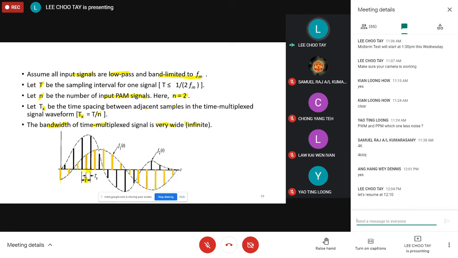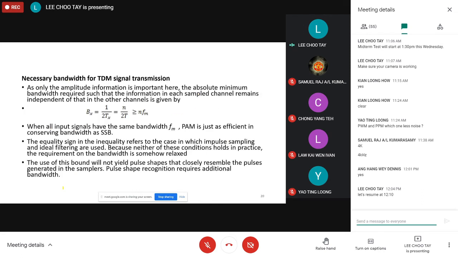Because of the rectangular pulses. Now, how much bandwidth do we need then? Theoretically, of course, it's infinite, but in practice, nobody can have infinite bandwidth. So what is the necessary bandwidth for TDM signal transmission?